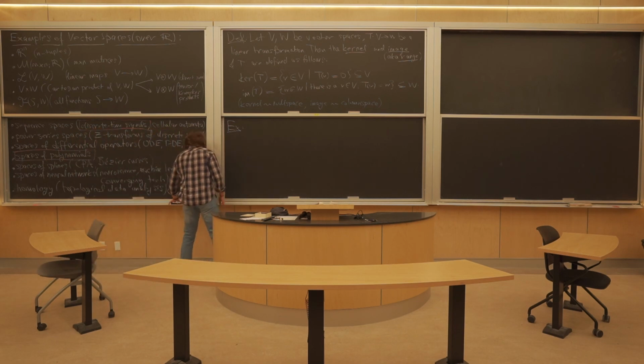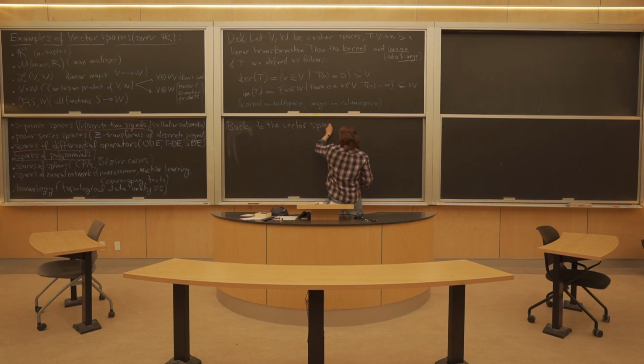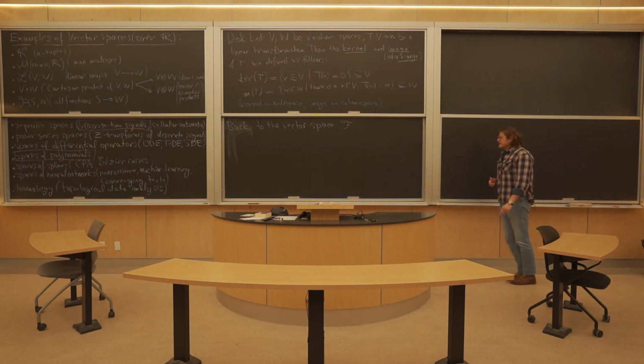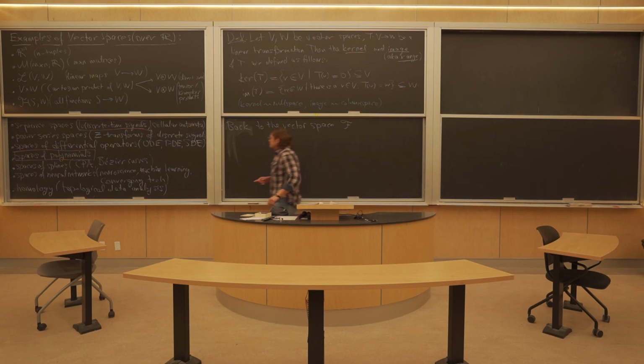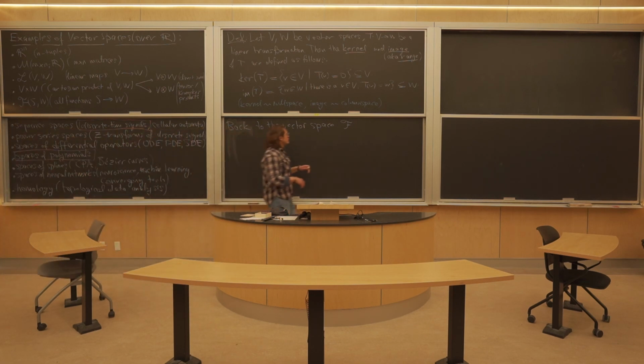Back to the vector space. Curly F is how I had denoted it, and using this formalism over here, it's really standing for F of R, R, all the functions from the real numbers.